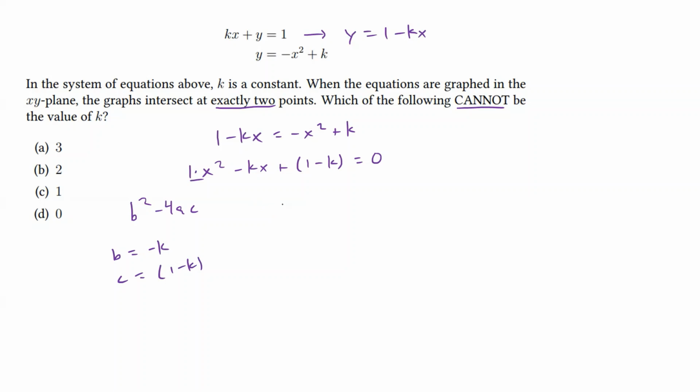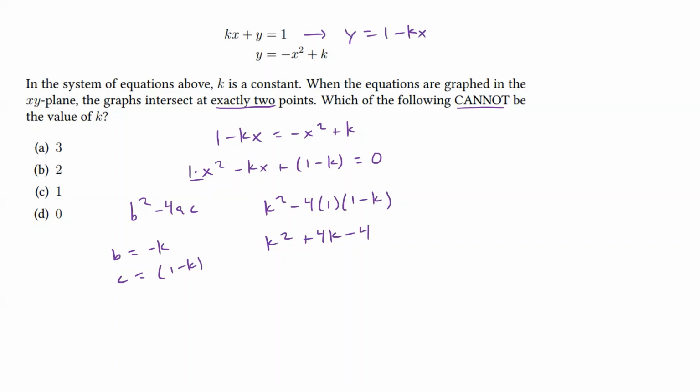Thus, b squared minus 4ac is k squared minus 4 times 1 times 1 minus k. This simplifies to be k squared plus 4k minus 4.